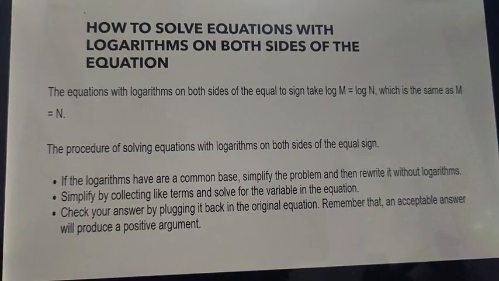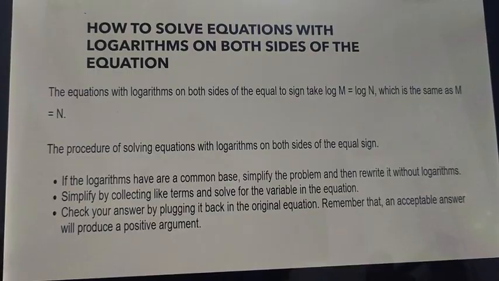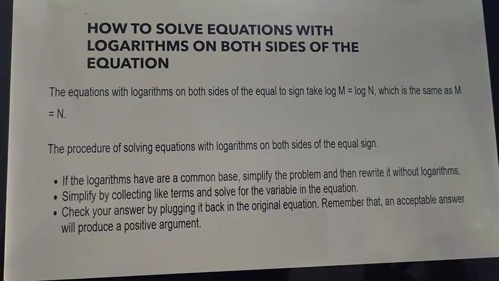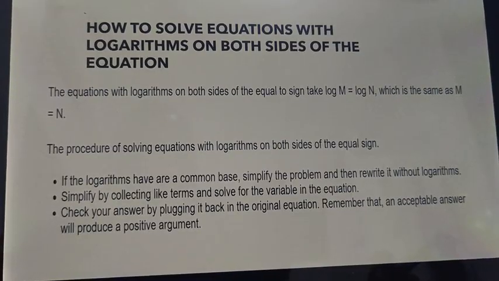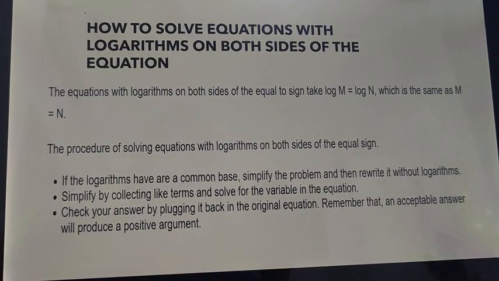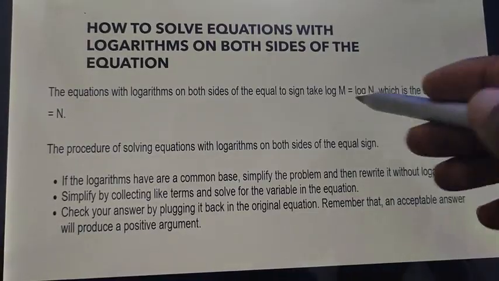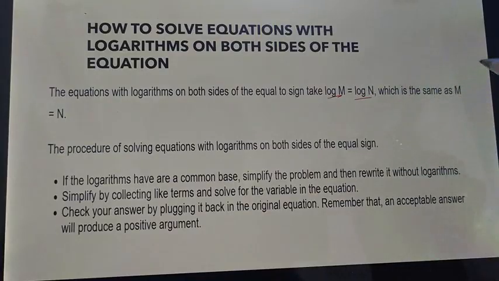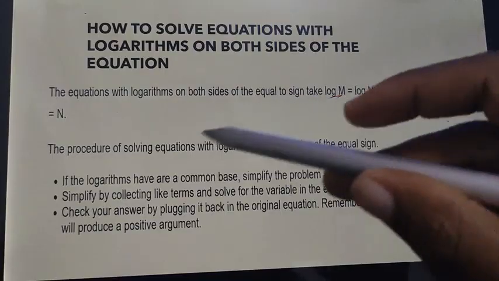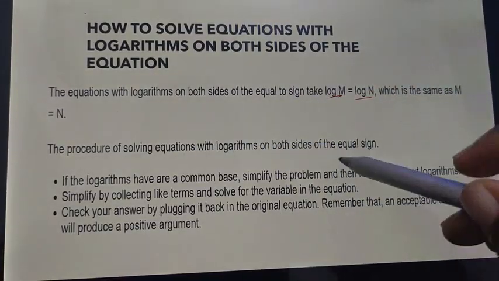Now let's look at how to solve equations with logarithms on both sides of the equation. With logarithms on both sides of the equal sign, you take log m and log n, which is the same as log m is equal to log n.